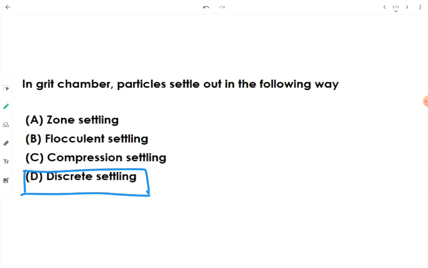The responsible factor is interparticle forces of attraction. Then we have compression settling, which means the particles come together so close that they form a settleable structure and the whole structure then settles down to the bottom. This is how the sedimentation process takes place, and out of this, gravity settling, that is free settling, is the discrete settling we are talking about in the grit chamber.